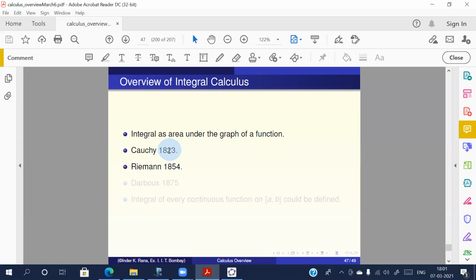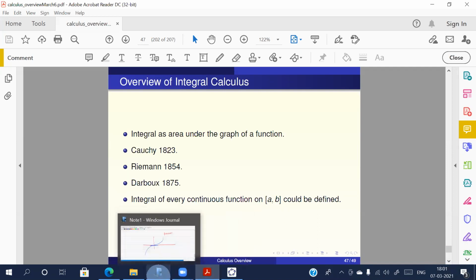These were later formalized by Cauchy and then by Riemann, and a geometric interpretation was given by Darboux in 1875. As a result of the work of all these, the integral of every continuous function could be defined.